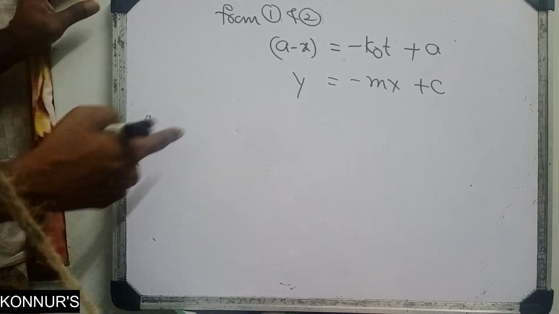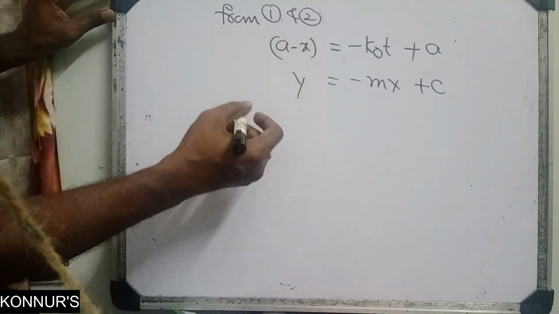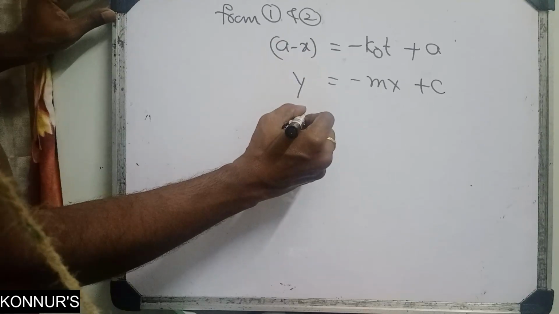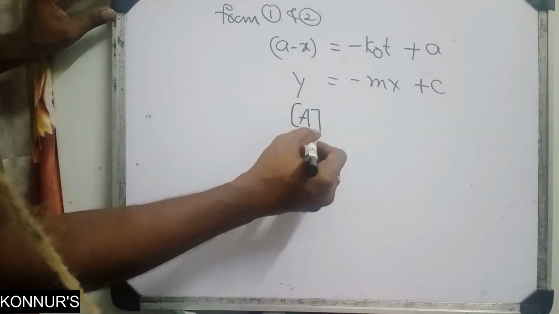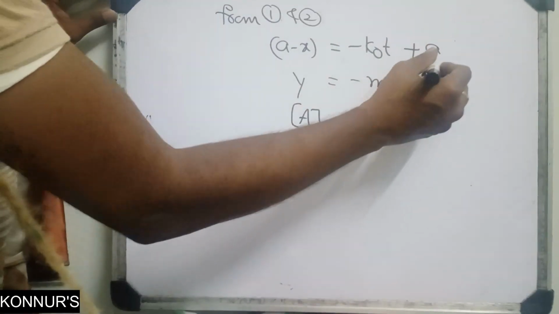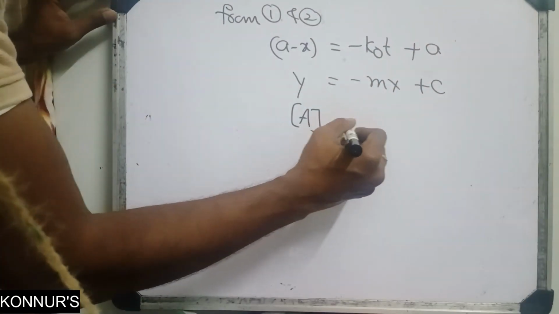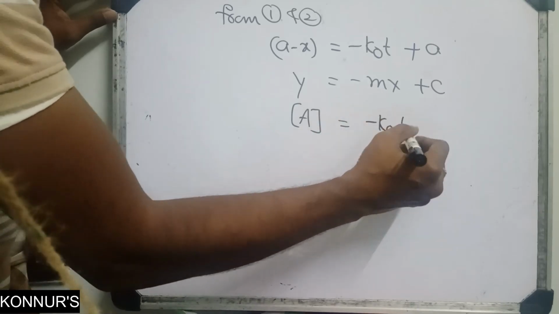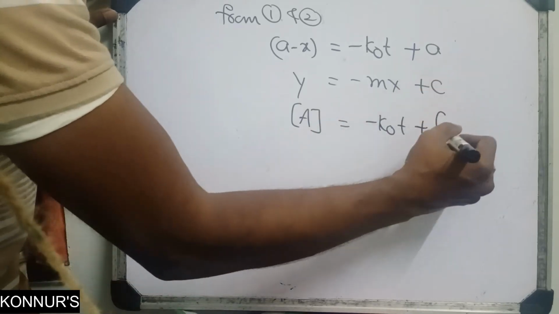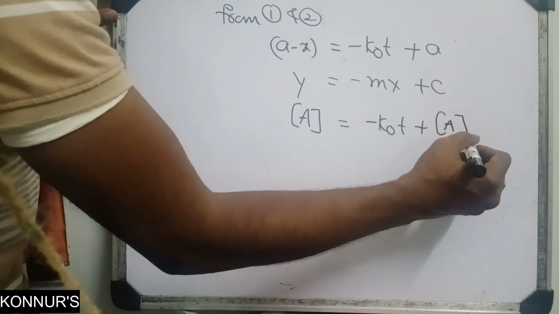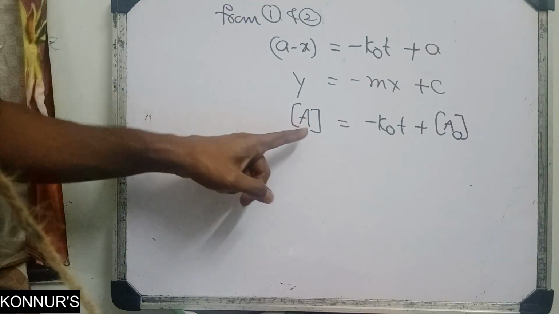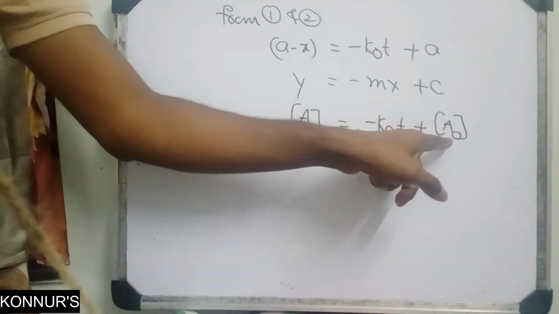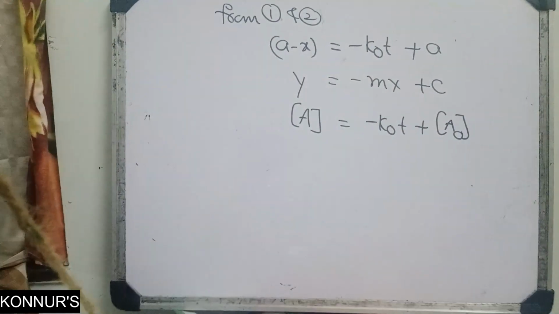Sometimes they give the A minus x value as A, otherwise R also. So minus k0 t plus the initial concentration is taken as A naught. In different books this value is given as R, or R naught. You can take anything.